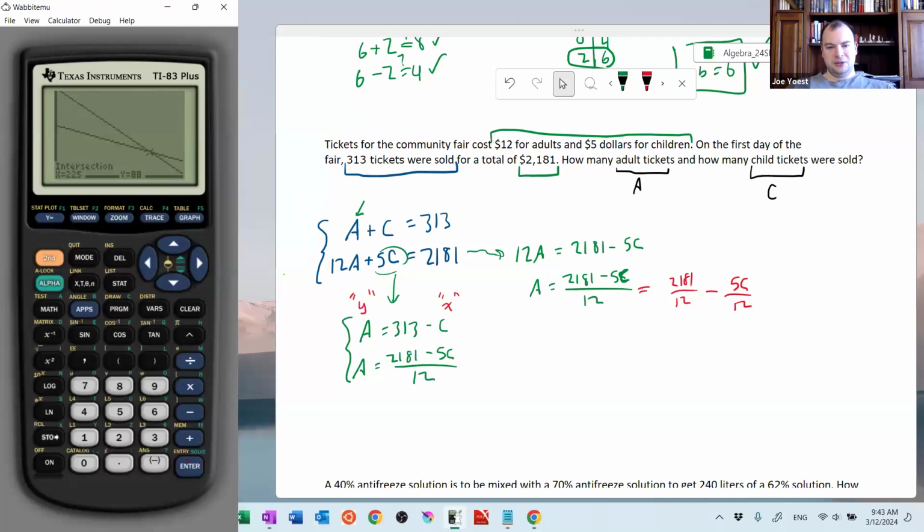And I see I get the solution that x, or in other words, C, equals 225. And y, or in other words, A, equals 88. So we sold 225 child tickets and 88 adult tickets.